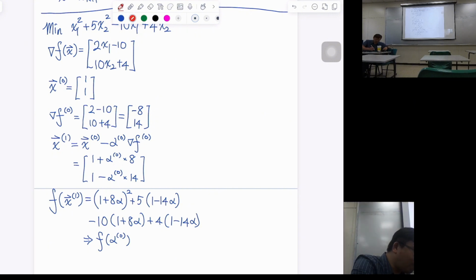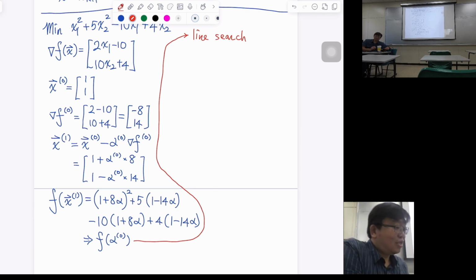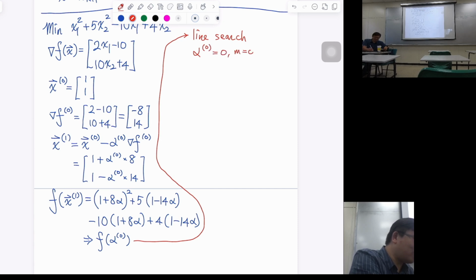So now I will move on to the line search. Since I know alpha must be positive, I always start with an initial guess of alpha equals 0. So my alpha 0 equals 0 and m equals 0. Initially k equals 0, right?